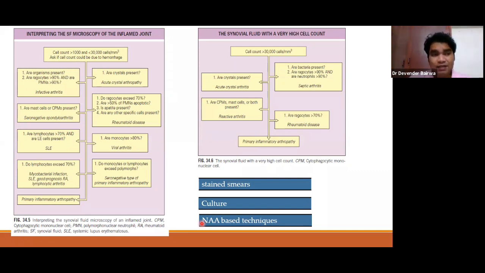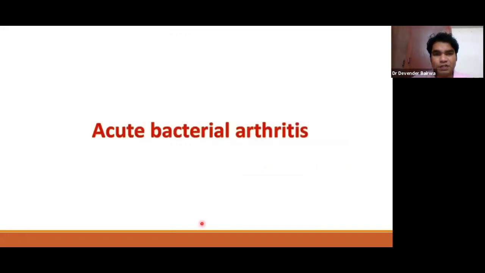That's why the culture rate is actually less positive in case of gonococcal arthritis, and in that particular case, your nucleic acid amplification based technique is better. So these all tests can be done when you are dealing with a patient of infectious arthritis.